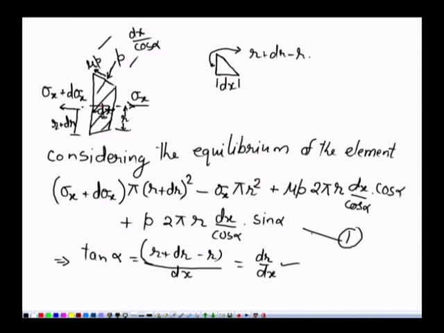So, if we are squaring the (r plus dr) whole square, we have r square plus 2r dr plus dr whole square.